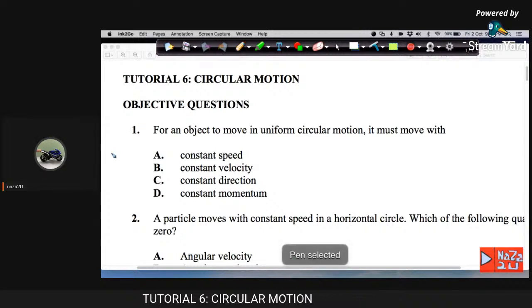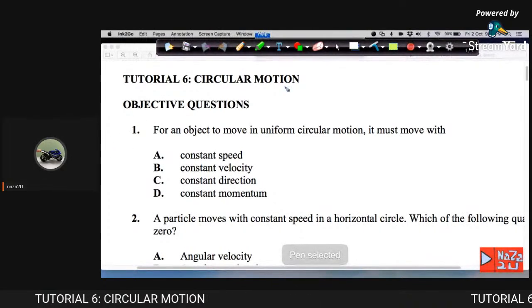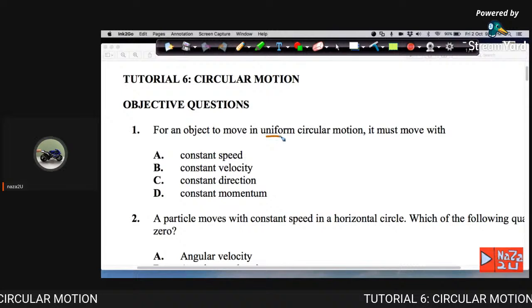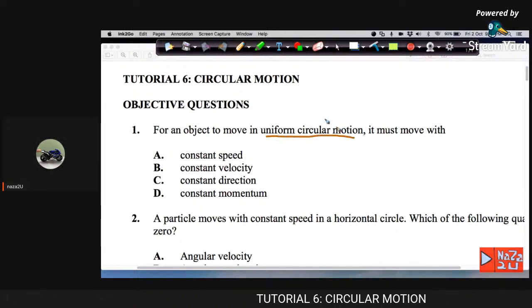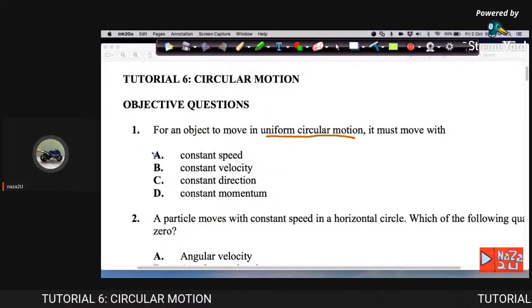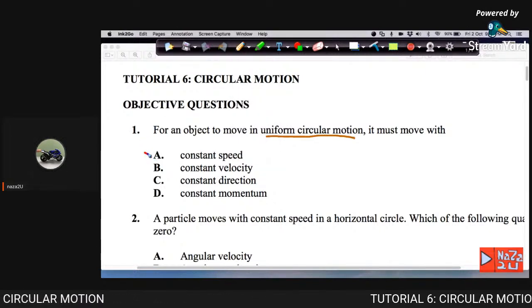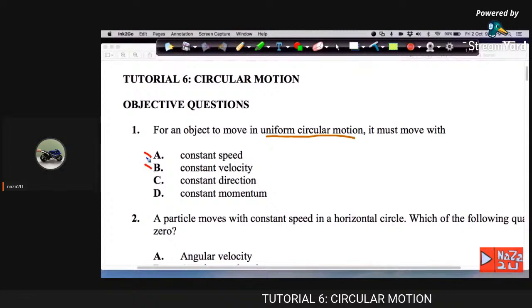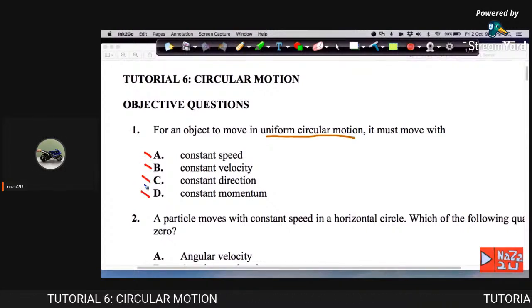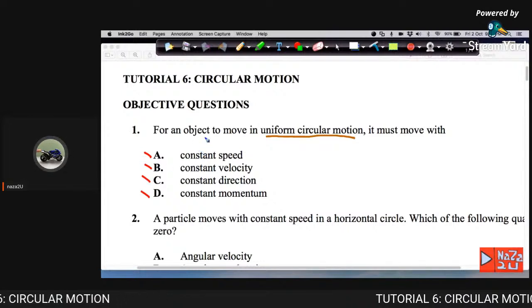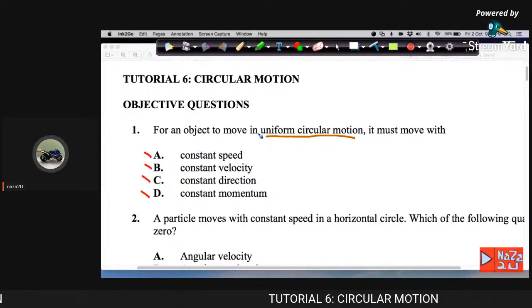For an object to move in a uniform circular motion, it must move with, the answer given by the question is A, constant speed, constant acceleration, constant direction, and constant momentum. So meaning here, object moves in a uniform circular motion.